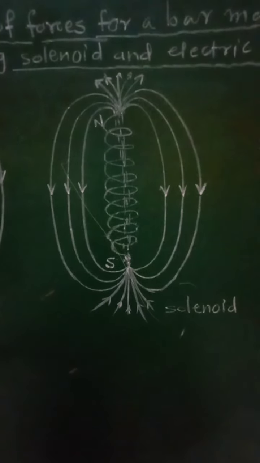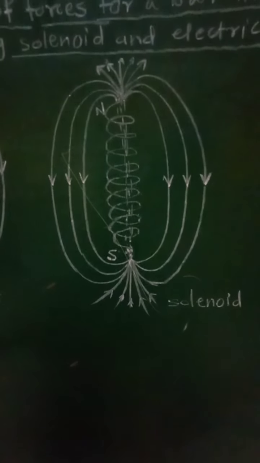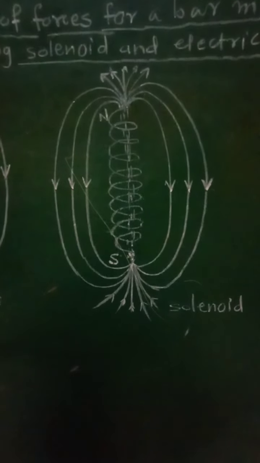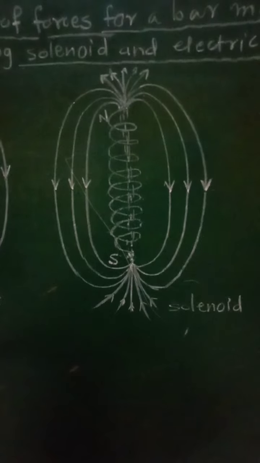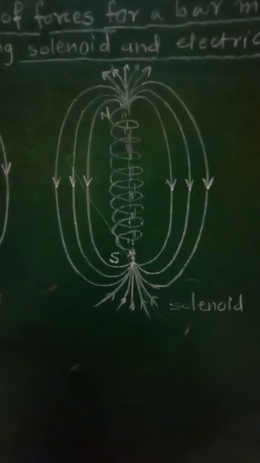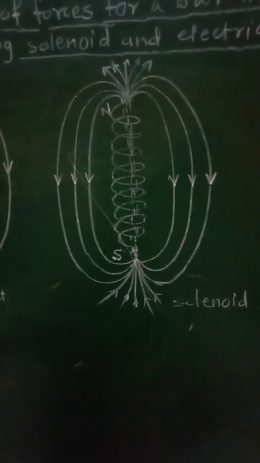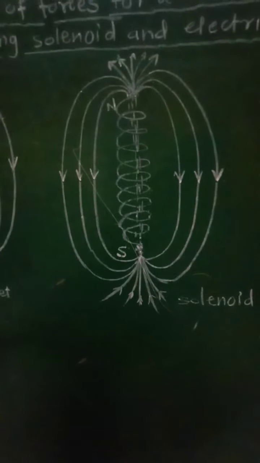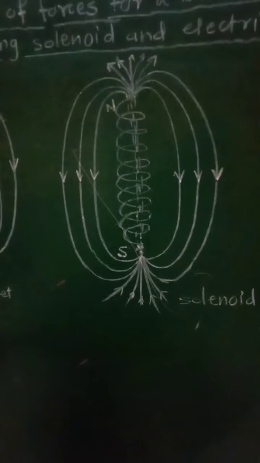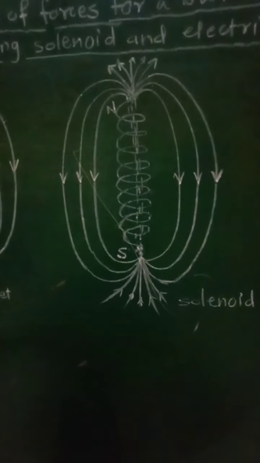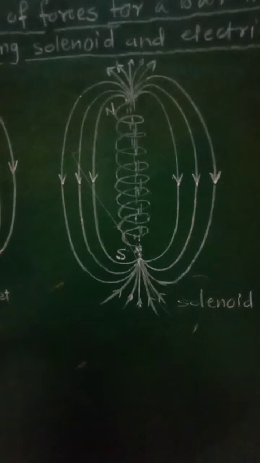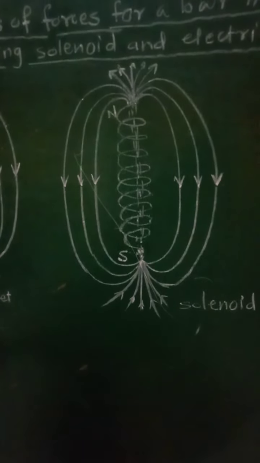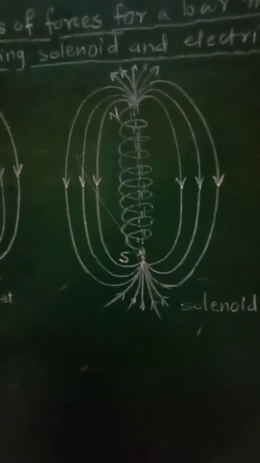In case of solenoid the north and south poles are included in the Gaussian surface, opposite to that of a bar magnet, because in case of bar magnet the poles are not included in the Gaussian surface. And the total flux associated with the Gaussian surface will be 0.